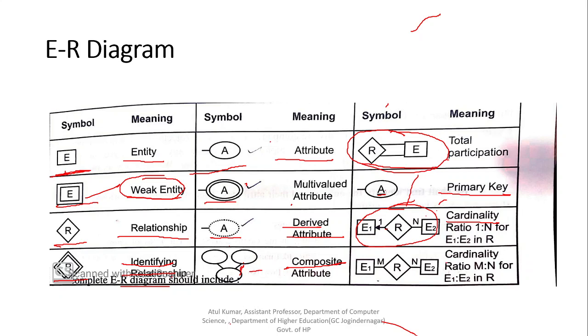Next we have cardinality m to n. We write m on one side and n on the other side of the relationship, so this is the cardinality showing an m to n relationship.